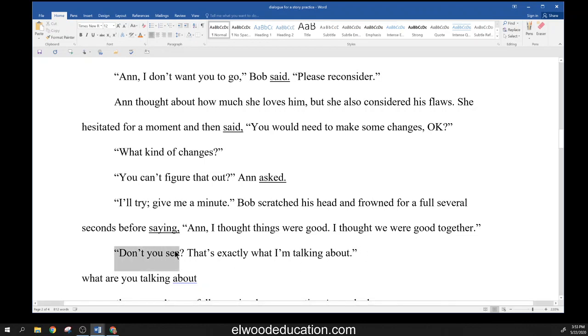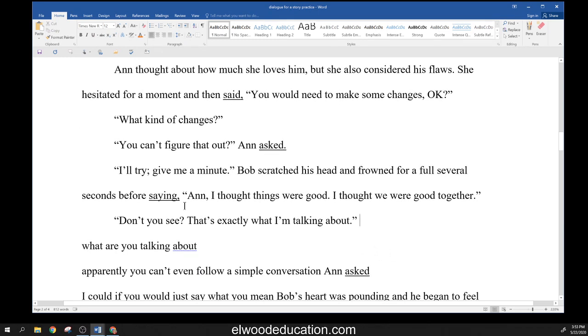Now I can have multiple sentences in the same two quotation marks. This is the open quotation mark for everything that was said, and this is the closing quotation mark for everything that was said. Doesn't matter whether it's one sentence, two sentences, or several sentences. All right, so we have Bob talking to Anne here.